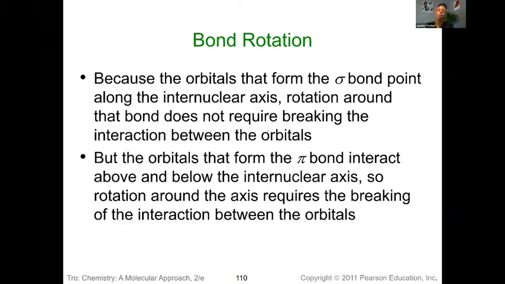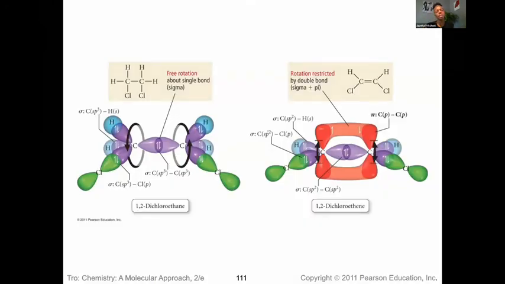So just remember, when you have a double bond, or specifically a pi bond present, the rotation would be limited in that molecule. And so you can see in this example to the left, where you only have a sigma bond, that molecule around that bond would be able to rotate freely. Whereas on the right, with this double bond present, now that's locked in position. And so you would not be able to have that free rotation occur. Okay.